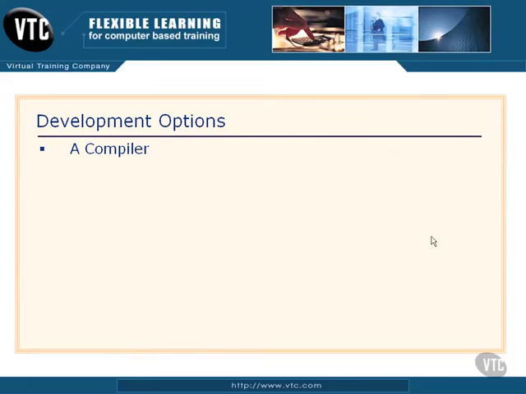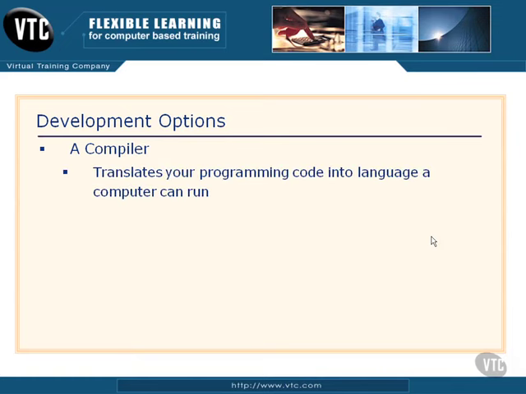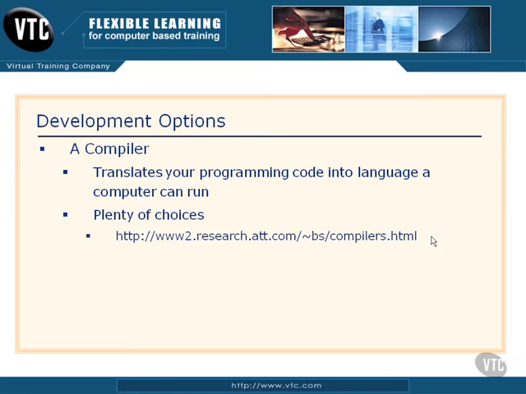Now when it comes to a compiler, again, this can get very confusing for the newcomers. And a compiler is just simply going to take your programming code and turn it into a language the computer can understand and run. And the choices are pretty wild. I've got a link here for you that's kind of interesting to go look at. www.2, don't forget the 2 there, .research.att.com.